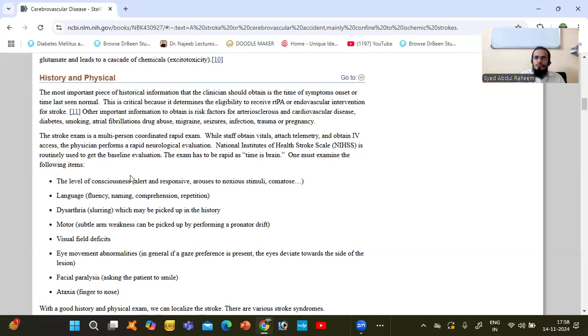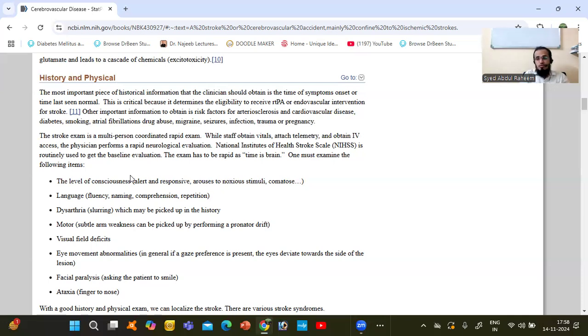Also language: fluency, naming, comprehension, repetition, what you have to observe. And dysarthria, the speech. For motor, you have to ask the patient to lift his upper hand, right hand, left hand, and legs, right leg, left leg.